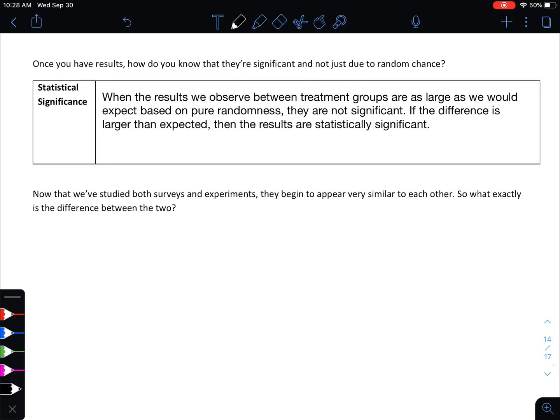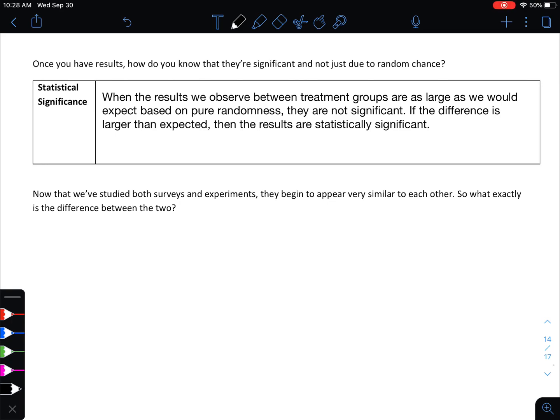But if the difference is larger than expected, we're then instead going to say that the results are statistically significant. So the larger the difference, the more significant the results. In fact, we're going to be spending some time in future units talking about how exactly do we know when we have statistical significance or not. So for right now, I just want you to understand the idea of it, not necessarily how to find it.